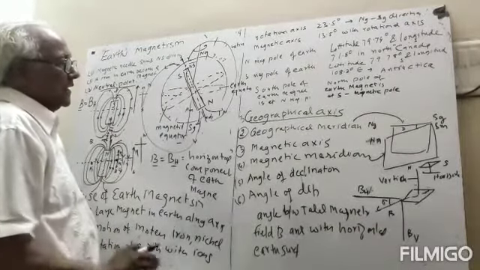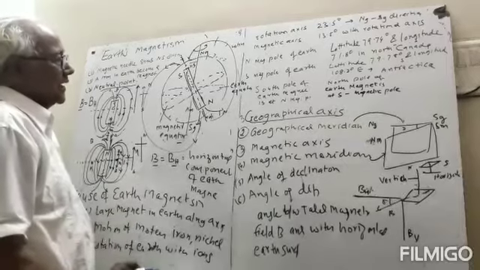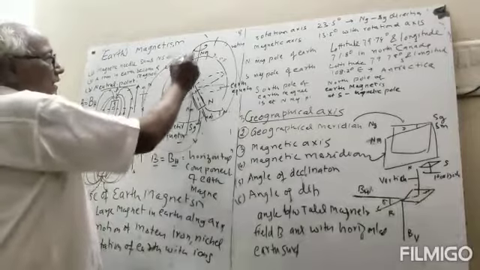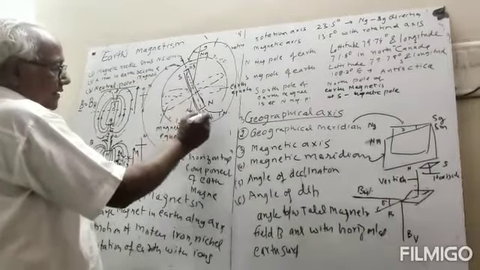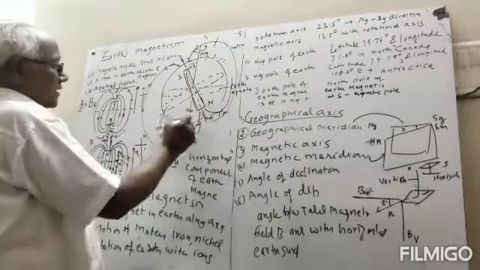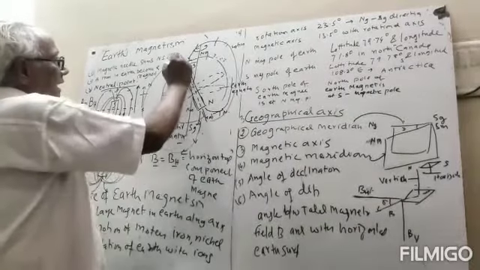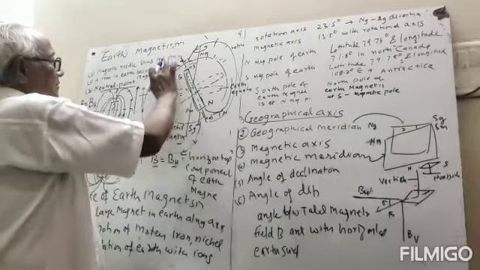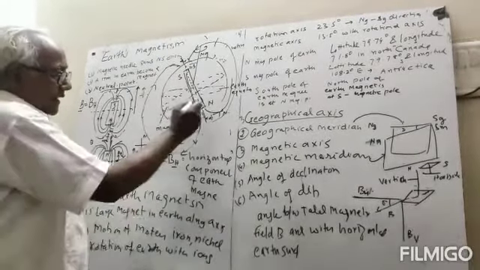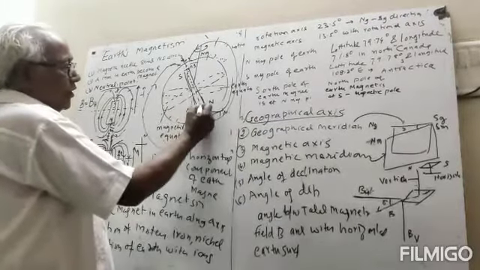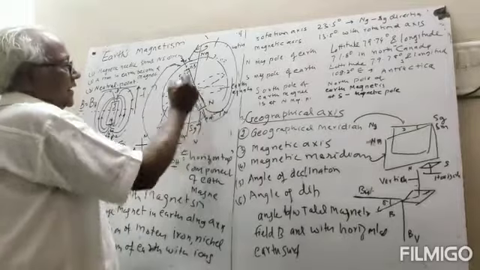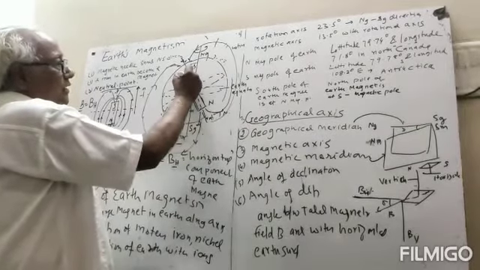If we have a magnetic needle and we draw the magnetic lines of force, then it is observed that the magnetic field lines start from here and end here. Similarly here and here. It means here there is a north pole of the earth magnet. Here it is the south pole of the earth.